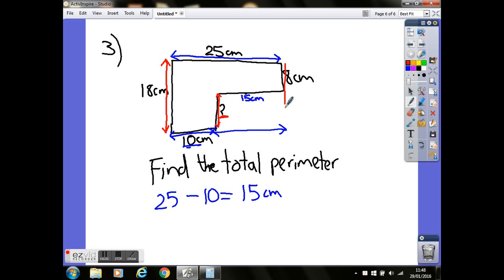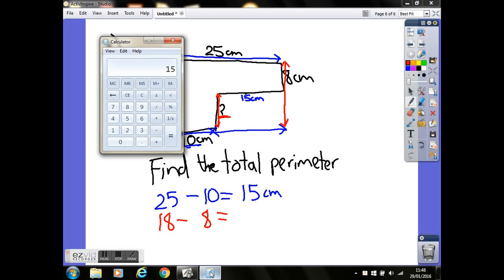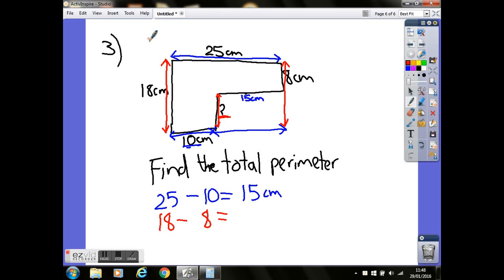So what we're going to do is take the total of 18, subtract the 8 that we do currently know, and that'll give us the remaining side for the question mark here. So bring the calculator up. 18 minus 8 equals 10. So that side is going to be 10 centimeters. So I'll get rid of the question mark again and write on that it's 10 centimeters. Draw that line back in.